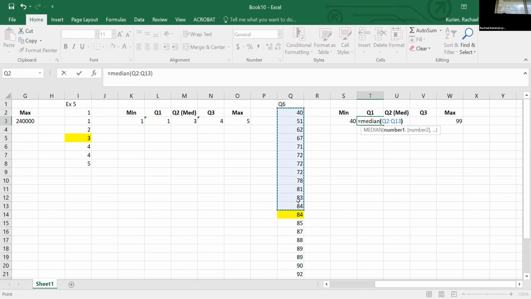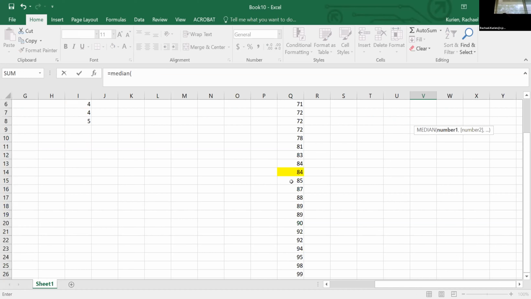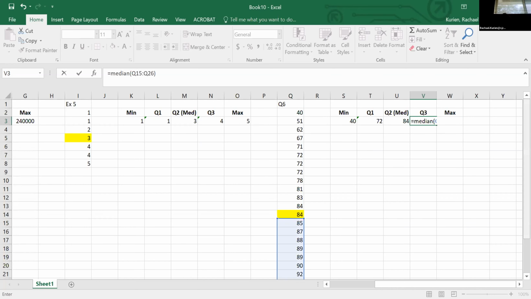And then we hit enter. So we found the quartile 1. And then quartile 3 is the median of the bottom half. And then close parentheses. And we get 91.